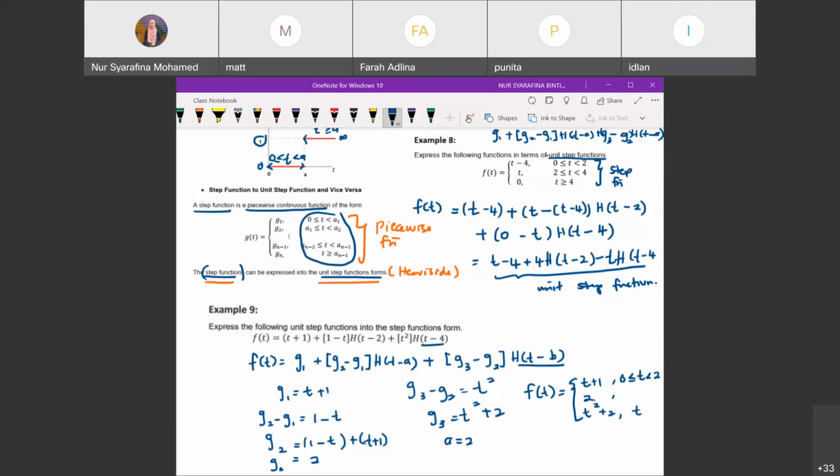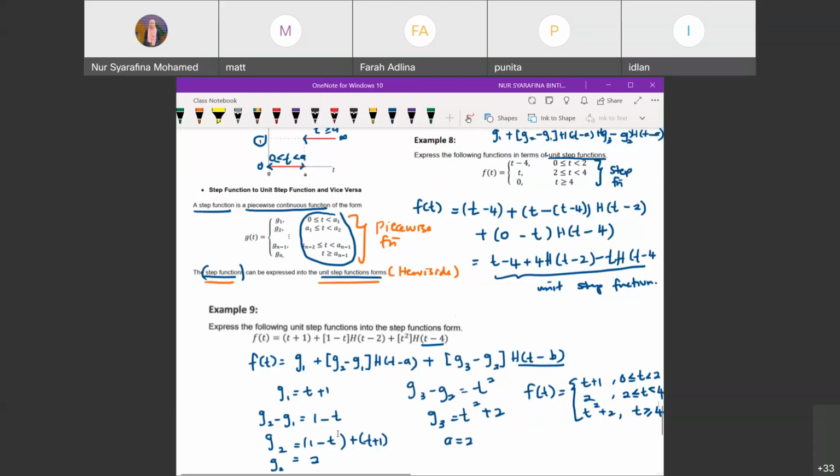So here you know that it is greater than 4. So now 2 for g2 is t from 2 to 4. Okay, clear? Understand? Anyone has question for this part?